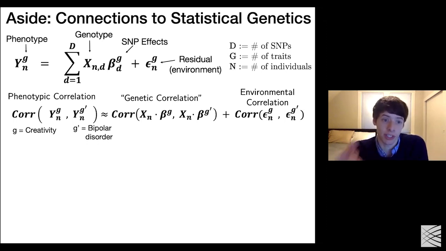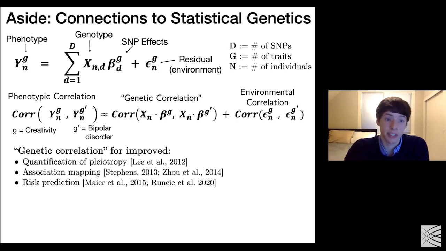This decomposes into a genetic correlation component and an environmental correlation component. And this idea of genetic correlation, this shared genetic component to trait correlation, has been used in a number of different applications across statistical genetics.